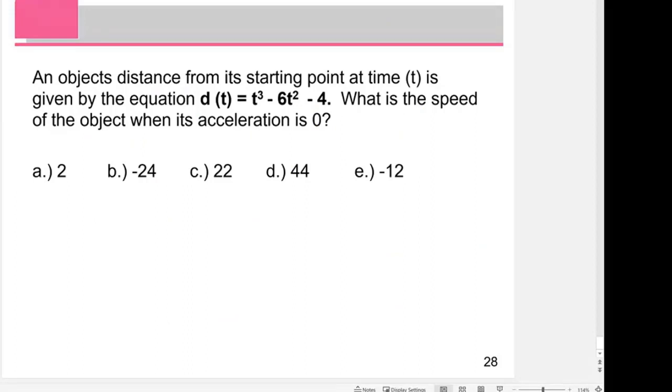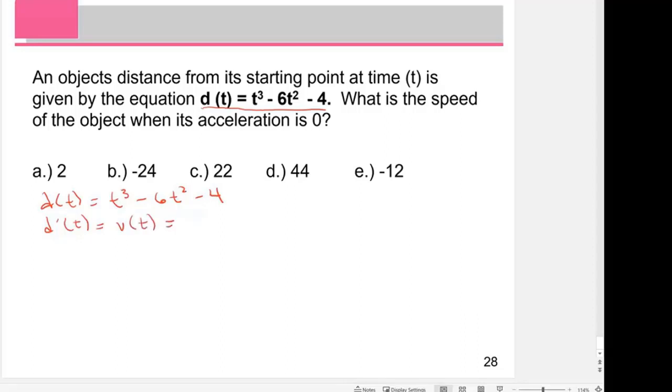An object's distance from its starting point at time t is given by this equation. What is the speed of the object when the acceleration equals 0? Well, we're given this distance formula. So I'm going to start with d of t is equal to t to the third minus 6t squared minus 4. And I'm going to say the derivative of that is equal to the velocity.